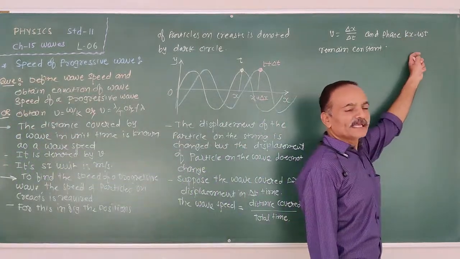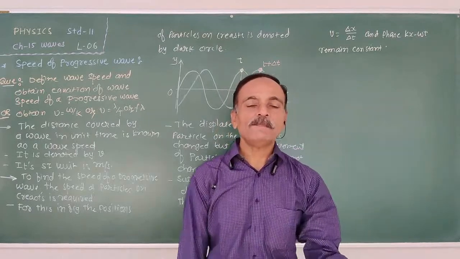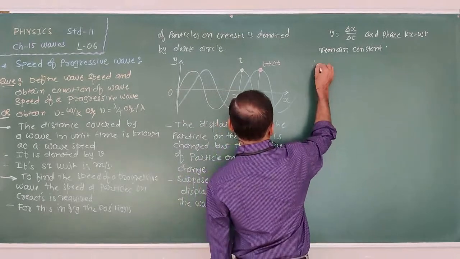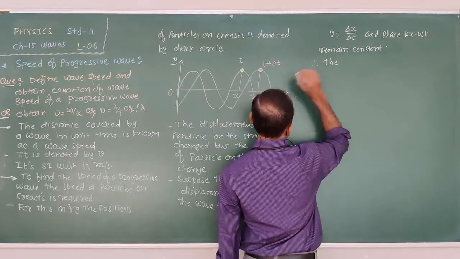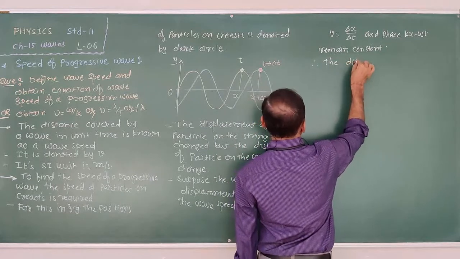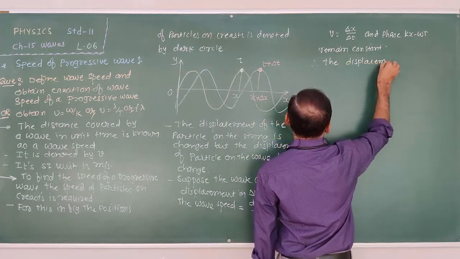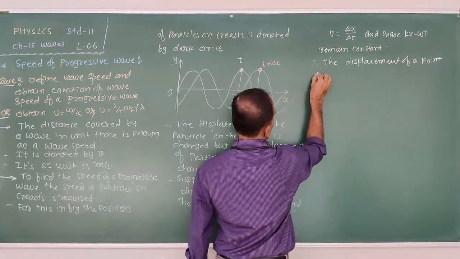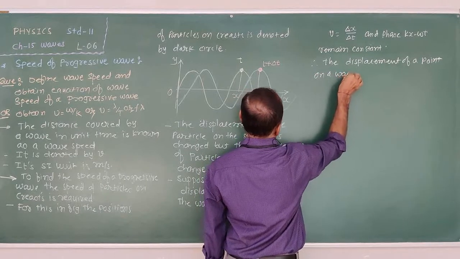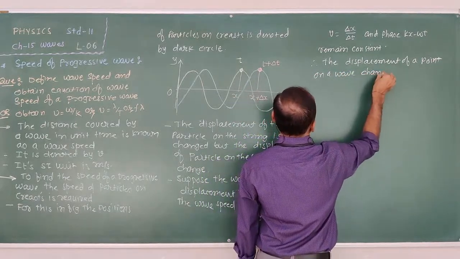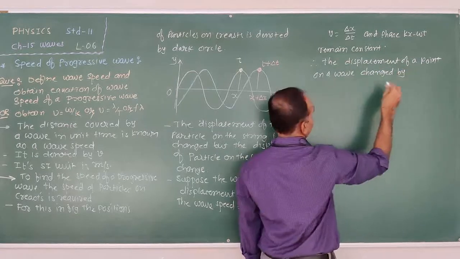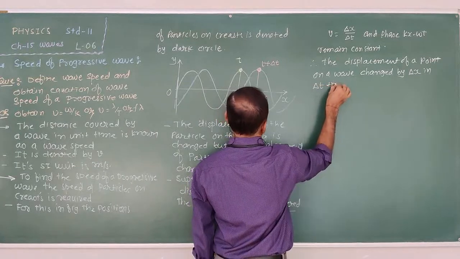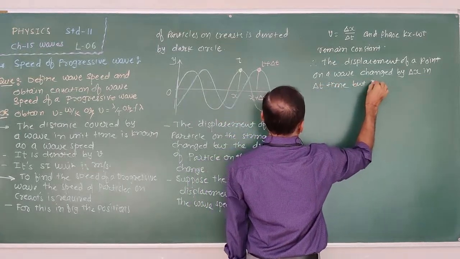That means the phase at time t and the phase at time t plus delta t remain the same. Therefore, the displacement of a point on a wave changed by delta x in delta t time, but the phase remains constant.